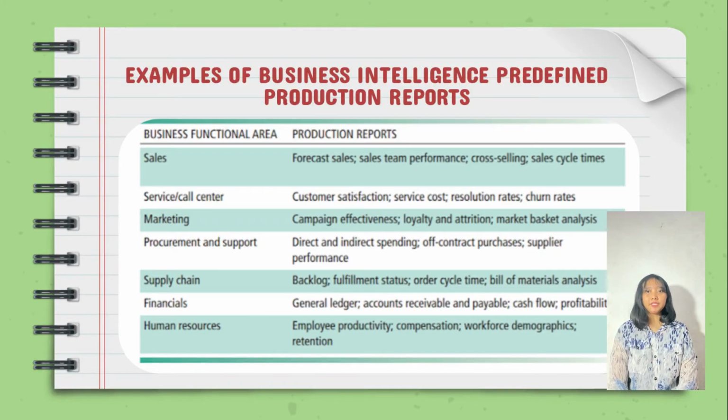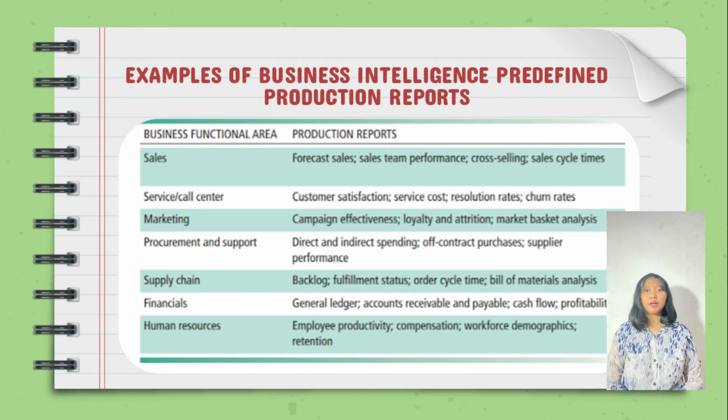Examples of business intelligence predefined production reports. There are some examples in business functional areas. In sales, they have to forecast sales. In service or call center, they have to measure customer satisfaction. In marketing, the production reports are campaign effectiveness.